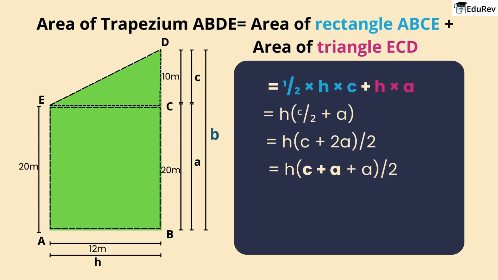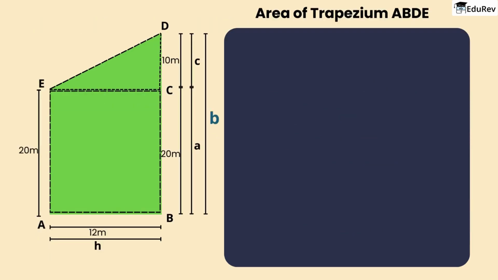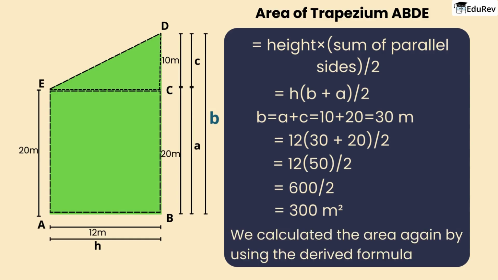Now, from the figure, we can see that A plus C is equal to B, so we can write the formula as area of trapezium is equal to H times (A plus B) divided by 2, or the sum of parallel sides times height divided by 2. Again, by substituting the values of H, B and A in this expression, we find the area is equal to 300 meters squared. And there you have it. We have calculated the area of the trapezium-shaped plot using the derived formula.